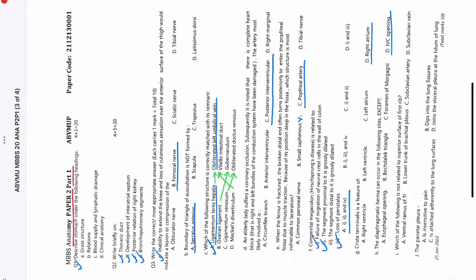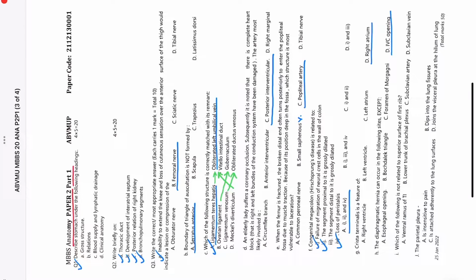Question number I. Which of the following is not related to the superior surface of the first rib? Ventral ramus of T1, lower trunk of the brachial plexus, subclavian artery, subclavian vein. So ventral ramus of T1: the thoracic spinal nerves emerge from below their numerically corresponding vertebrae, while the cervical nerves emerge above their numerically corresponding vertebrae.